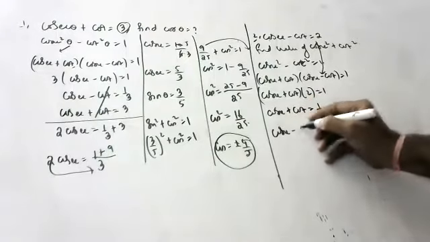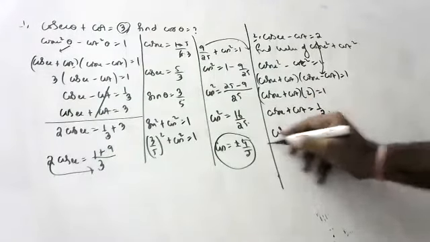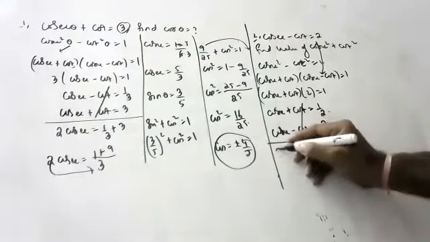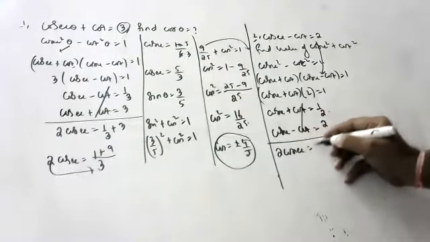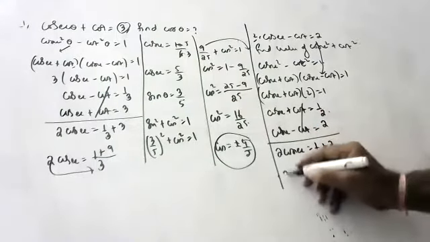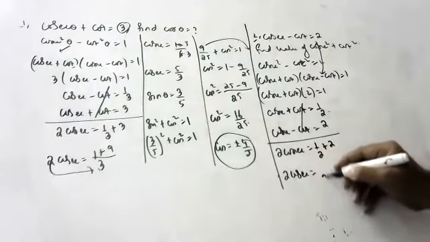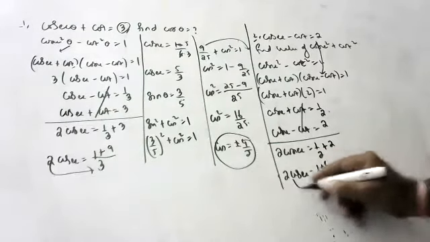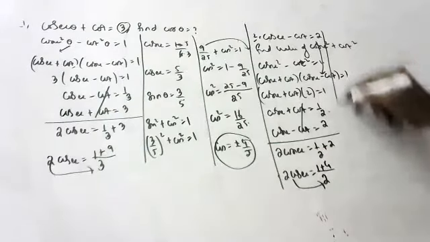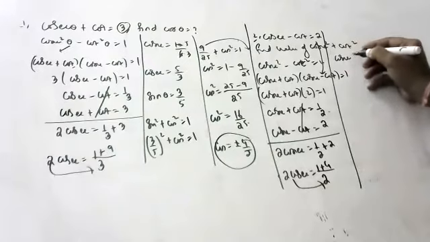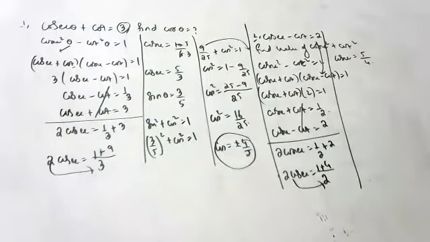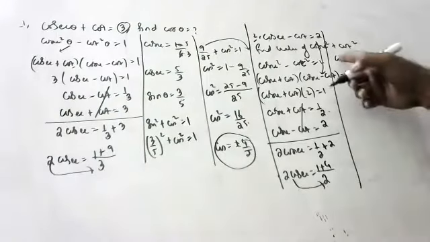And cosecant minus cot is equal to 2. Minus and plus cancel. So 2 cosecant is equal to 1 by 2 plus 2, which is, taking LCM 2, 1 plus 4 over 2. So cosecant is equal to 5 by 4.